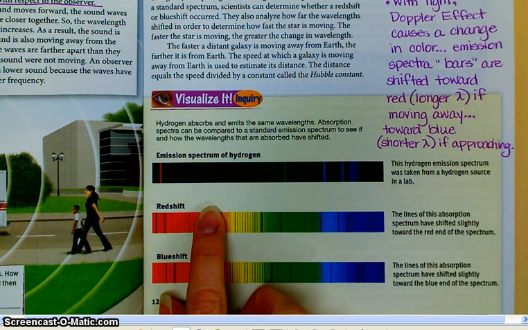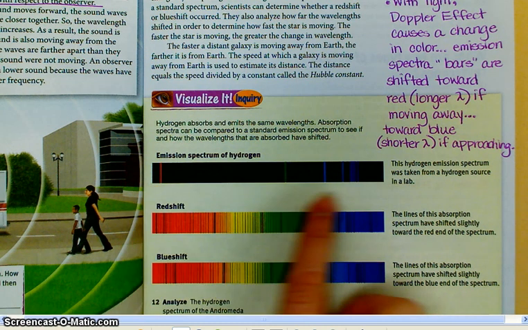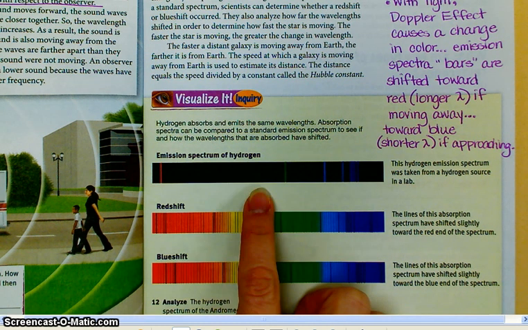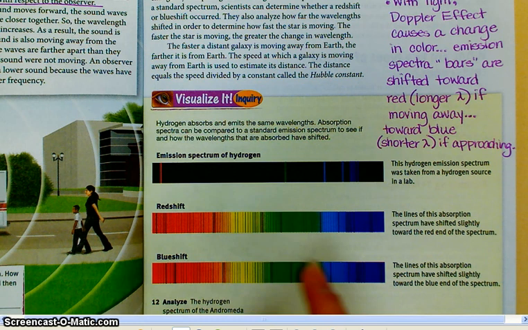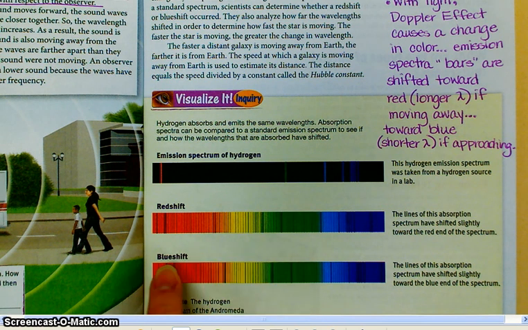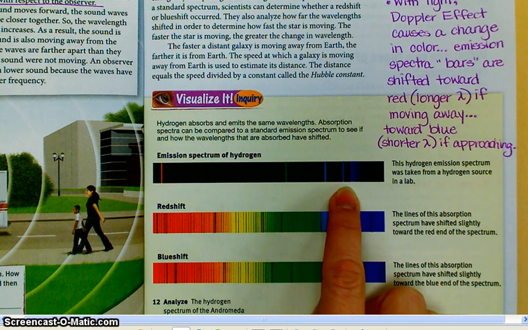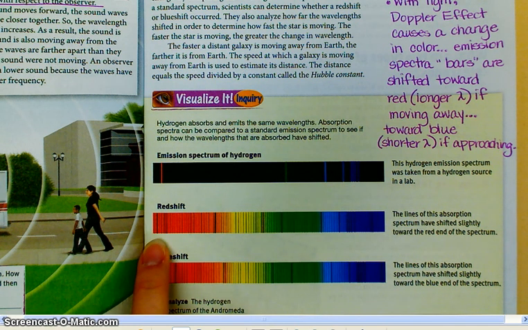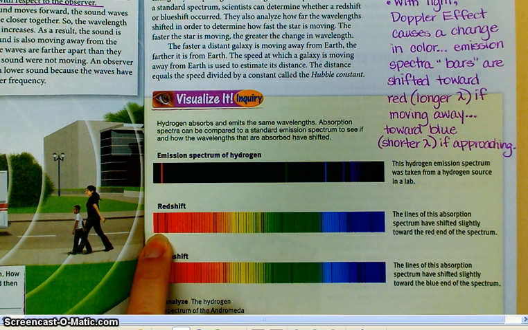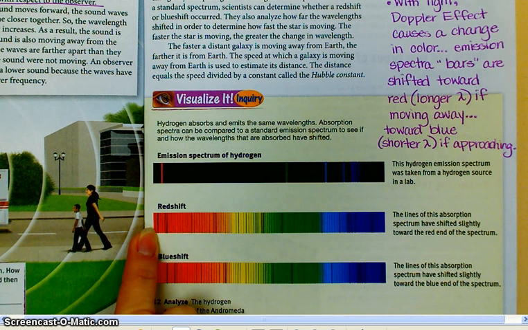where it says visualize it, here is your standard emission spectrum of hydrogen. Okay, and the absorption spectrum that they show you is very similar. You can see the major bars. Here's the emission spectrum of hydrogen. The absorption spectrum is sort of the flip-flop, the opposite. And you can tell that there's a bar here, and it's a little bit further to the red end of the spectrum than it really should be.